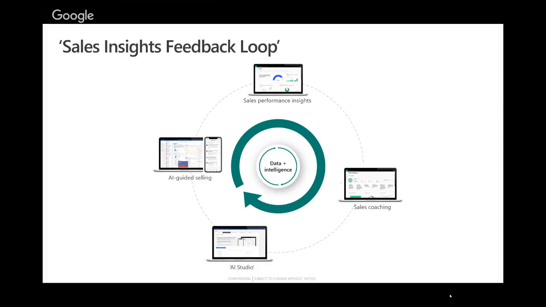From that scenario, you drive into sales coaching, and you can take a seller and see how they could improve their own individual performance. You as a manager can help, and they can also go and learn by themselves, seeing what other sellers are doing and learning from that how to improve. Then from that, we drive into the AI studio.